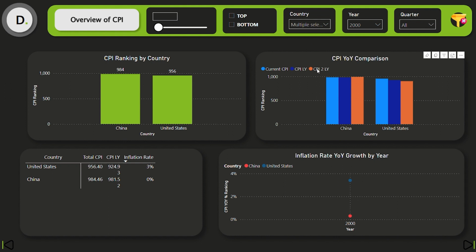And the orange bar displays the CPI 2 years back, which means the CPI rate in 1998. So as we can see, from year 1998 to year 2000, the United States CPI has been increasing, right?